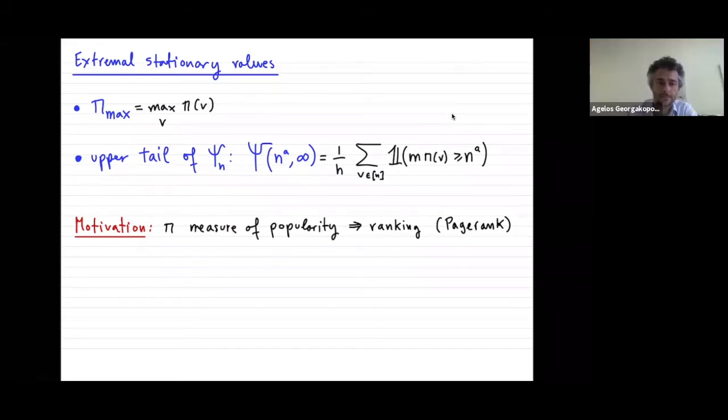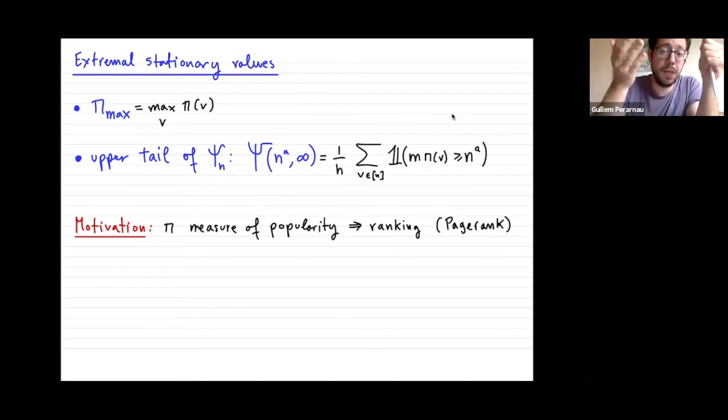Thank you, Agnes. So as I was saying, we're going to be interested in these two objects. I'm going to first talk about this pi max, and then I'm going to move to the upper tail. Apart from understanding these extremal statistics of the stationary distribution, one of our motivations was that pi is sometimes used as a measure of popularity.